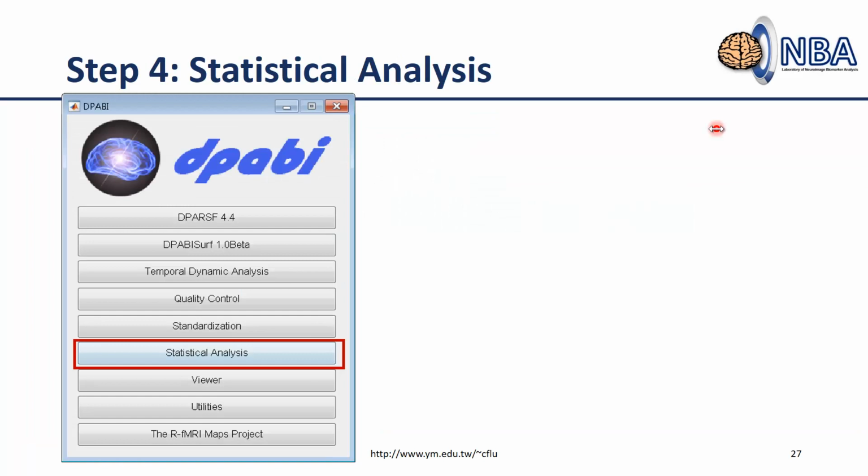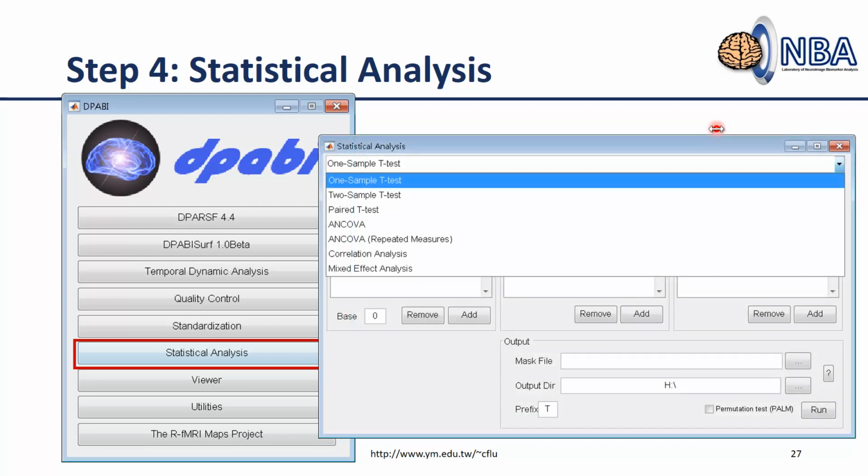Finally, if you have multiple subjects' images on hand, you want to perform a one sample, two sample, or paired t-test that we mentioned in the SPM environment, you can do that using this button, statistical analysis right here. But today I didn't provide you multiple subjects data, so you cannot do this today. But if you want, just go check this function and select in a pretty similar way. You can do statistical analysis based on the ReHo or ALFF result you obtained.